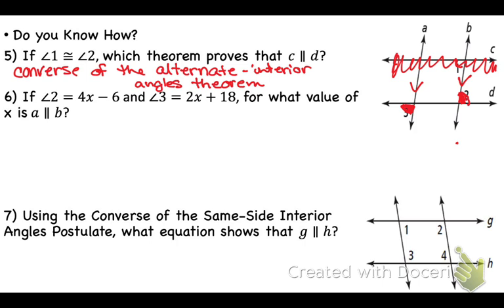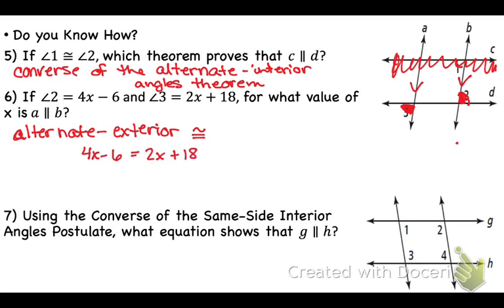Okay, so we're going to write alternate exterior. And what do we know about alternate exterior angles? They're congruent, right? So what do I need to do with my 4x minus 6 and my 2x plus 18? Set them equal. So 4x minus 6 equals 2x plus 18, and solve for x.